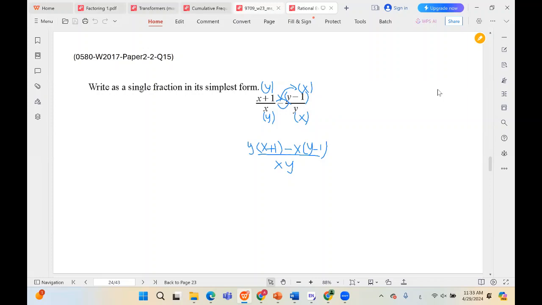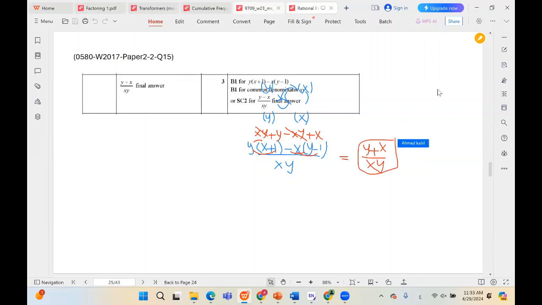Now we expand, so this is xy, this is plus y, minus xy, plus x. And then we can cancel out xy minus xy, so we have y plus x over xy as a final answer. And this is correct as well.